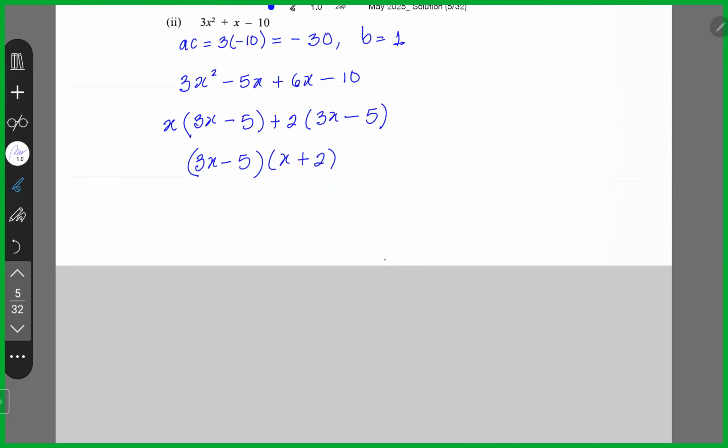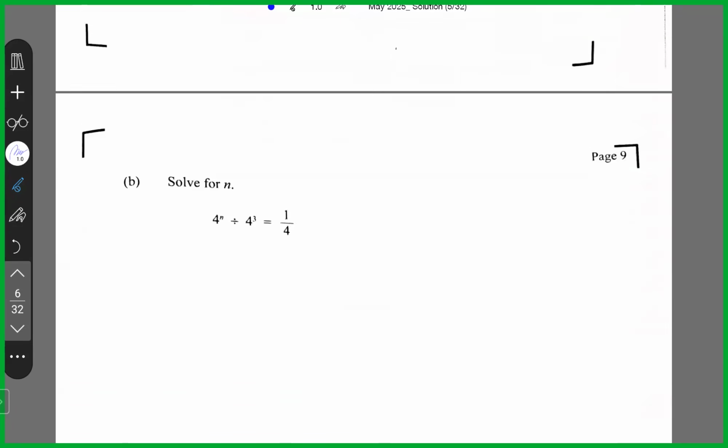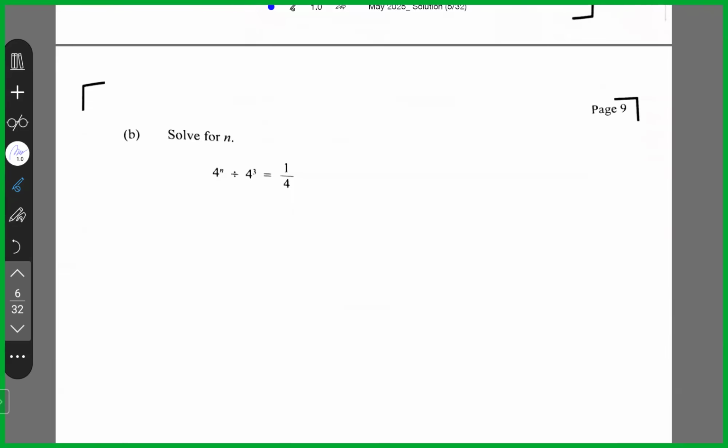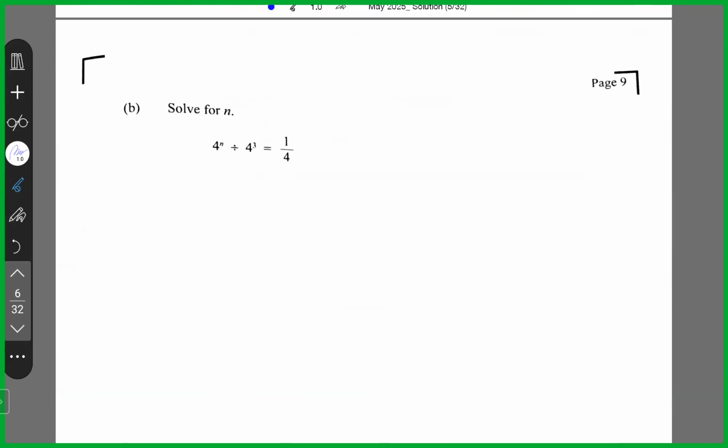Moving on. All right, so this is an equation in which the unknown is in the power. We have 4 to the power n divided by 4 to the third is equal to 1 over 4.